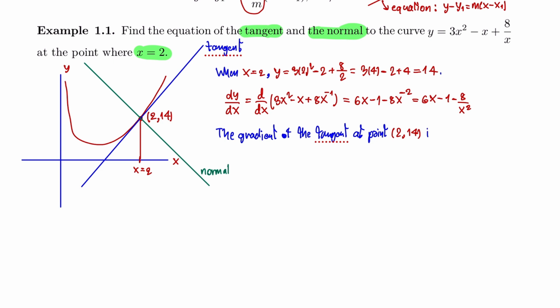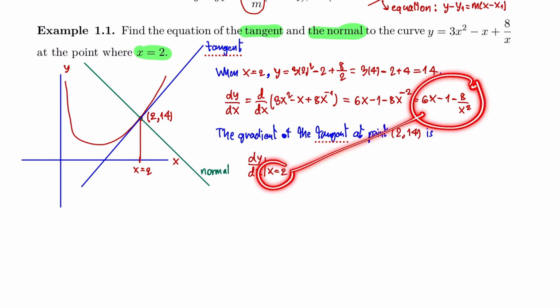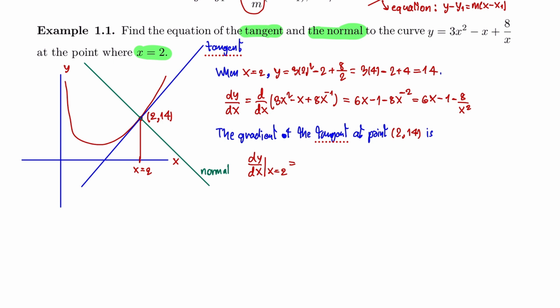So substitute x equal to 2 into here. We get 6 times 2 minus 1 minus 8 over 2 squared. So it turns out to be 12 minus 1 minus, okay, 8 over 4 is 2, right? So it turns out to be 9, since 12 minus 3 is 9. Okay, so this is the gradient of the tangent.